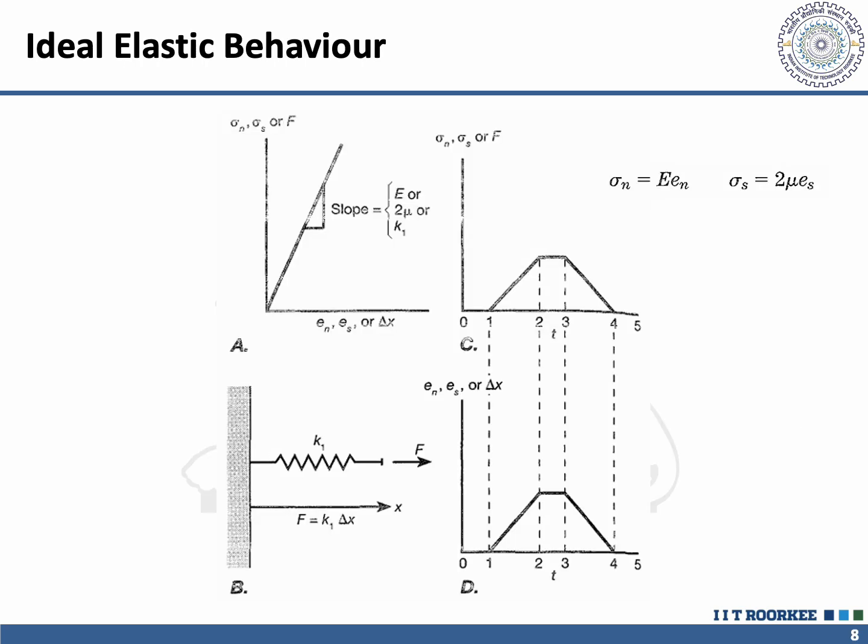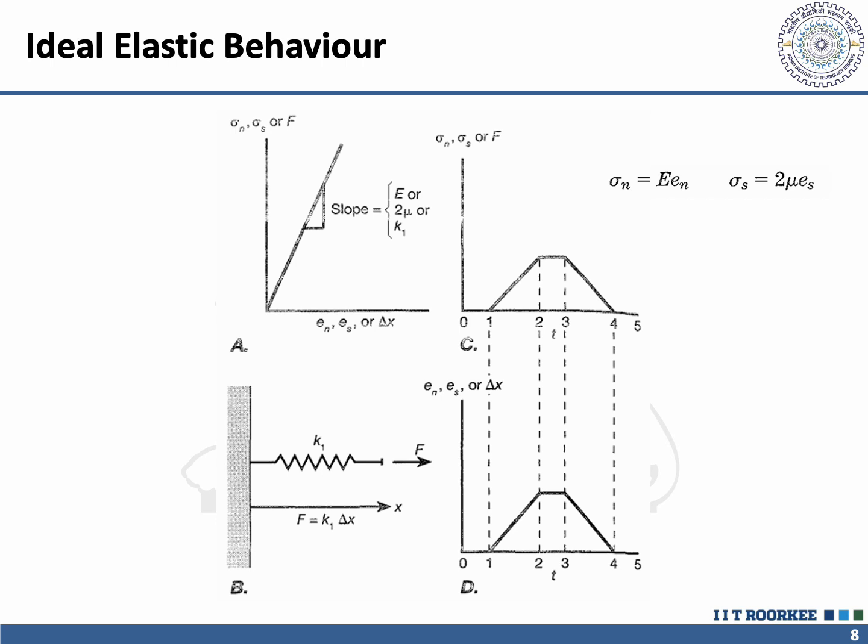Now let's look at the ideal elastic behavior first. Elastic materials return to their original shape once the stress is removed, and the deformation is proportional to the applied force. If we look at graph A, this shows the linear relationship between the stress and the strain. The slope here is E, the Young's modulus, or it can be the shear modulus or the spring constant.